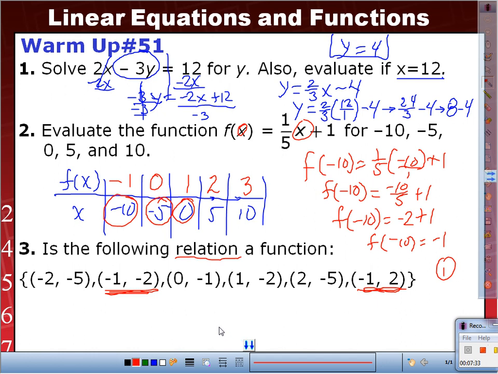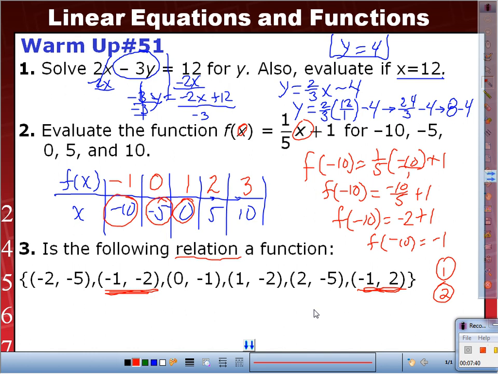So check this out. Number two, the second thing that's going to tell us if it is a function, once we see that it repeats, is that they need to have the same y value.